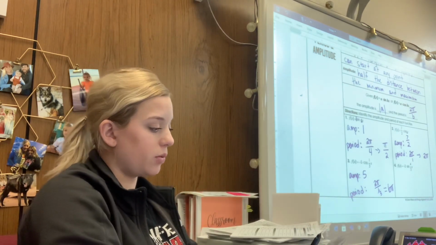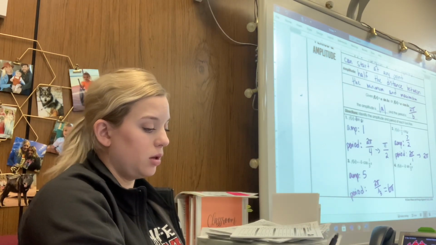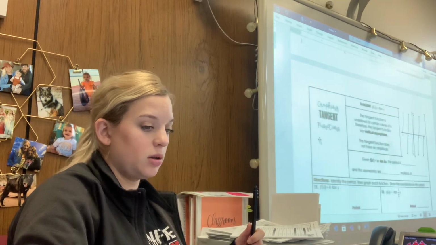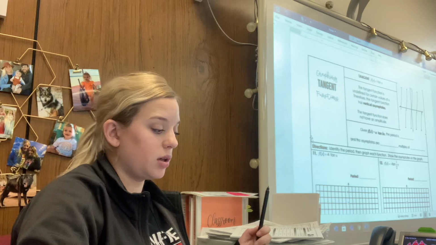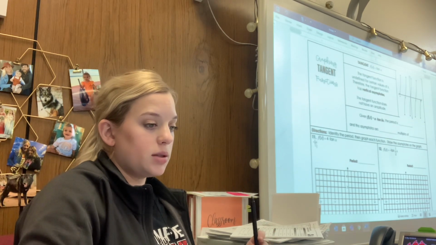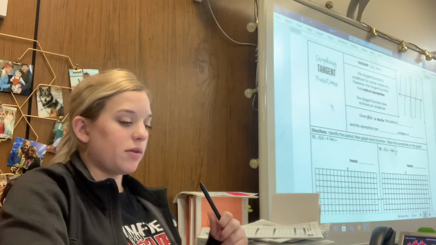So flip to the back and we're going to look at tangent. The graph of tangent looks a little bit different than sine and cosine. If we're given f of x equals a tangent bx, the period there would be pi over the absolute value of b.